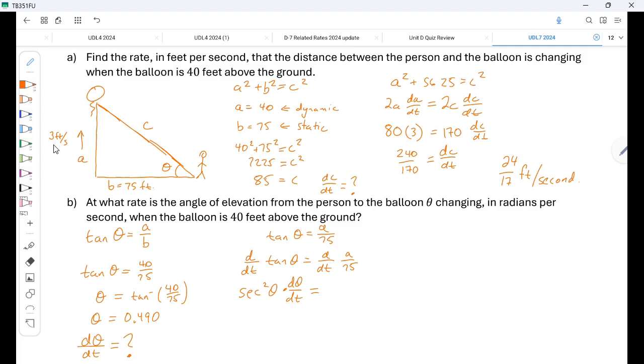Negative 75? But it's not 75 over A. I think you're treating it like 75 over A instead of A over 75.